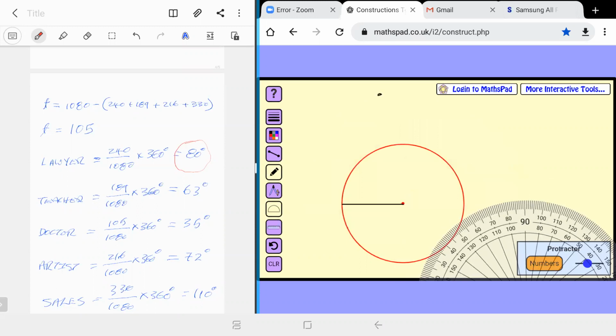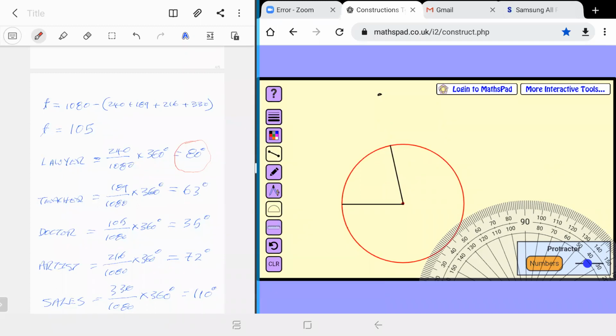What I'm now supposed to do is draw a straight line from the center out to this point. We line it up with your ruler. That will be my 80 degrees. Good. That's my 80 degrees.